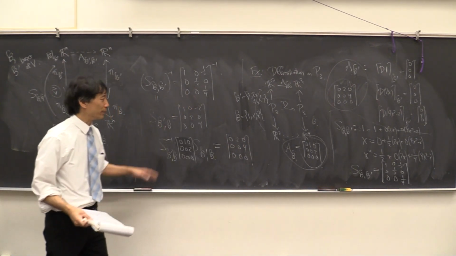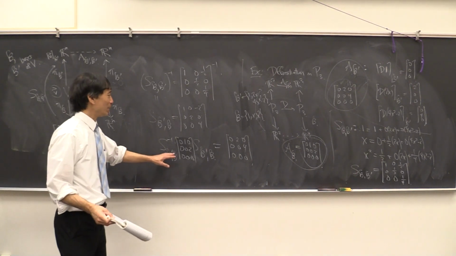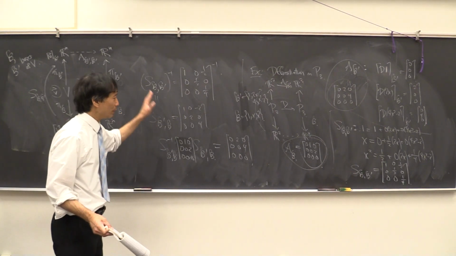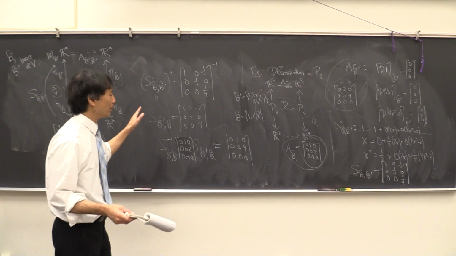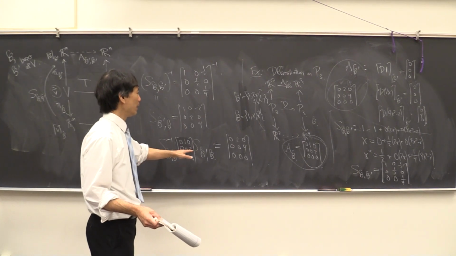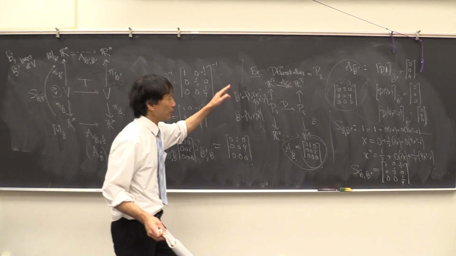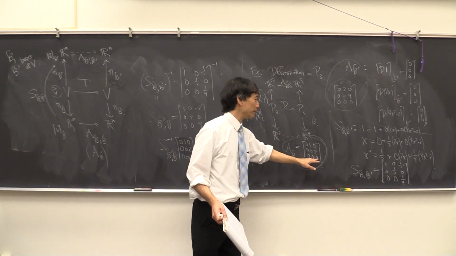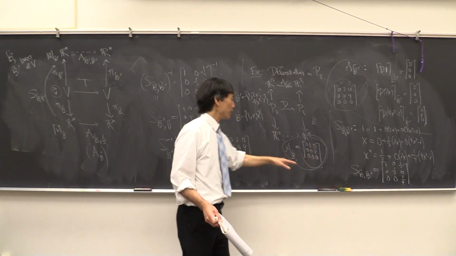Okay, I'm not going to do it. But in any case, if you work it out, lo and behold, it turns out that this matrix is indeed a conjugate of this matrix, and vice versa.